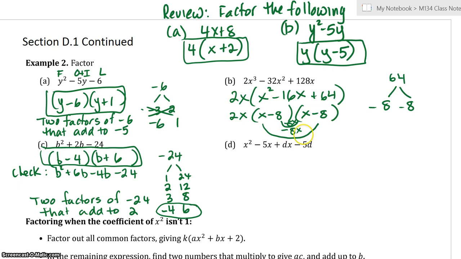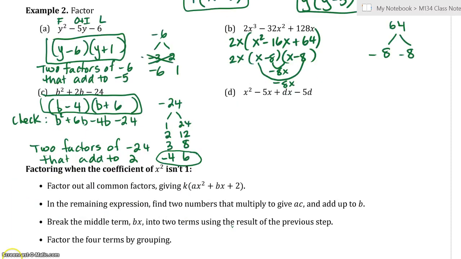That does add up to, I don't have enough room for that, I'll do it on the next one, but it adds up to negative 16. Maybe let's make that look better. Now you can at least see both those negative 8x's. So if you add those up, you notice that you do get negative 16. So that's what you do with 3 terms. This is going to give you an alternate method of solving these trinomials.